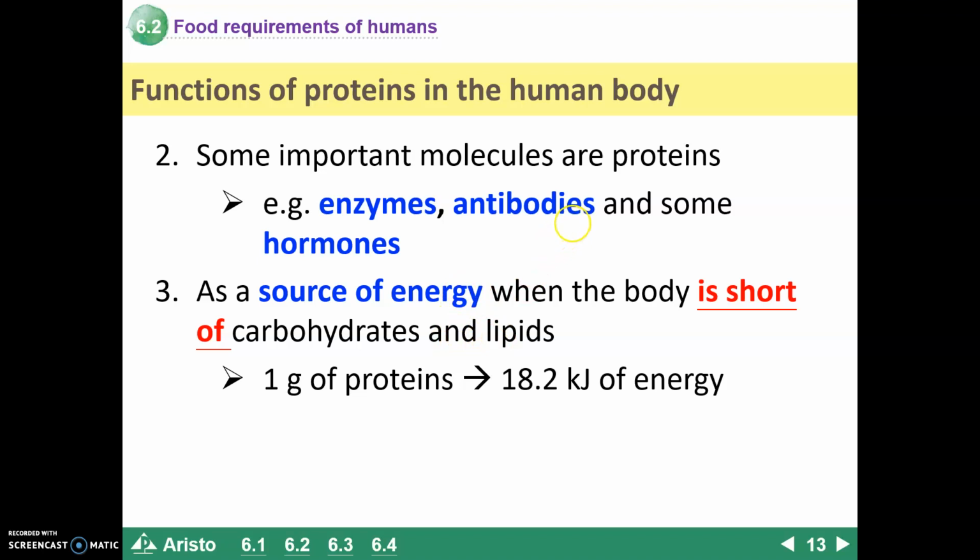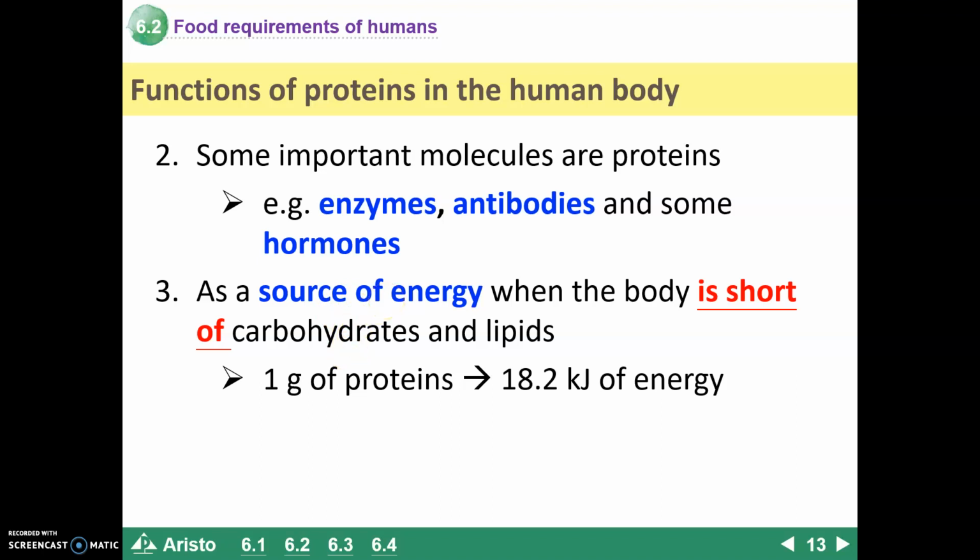There is one important function apart from growth and repair and these functional purposes. One important function for protein is to release energy when the body is short of carbohydrates and lipids.